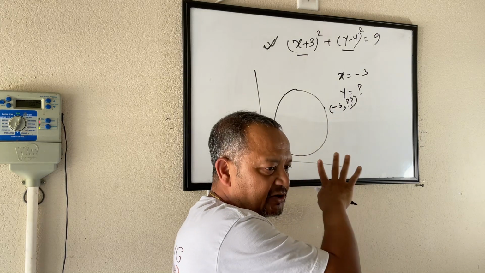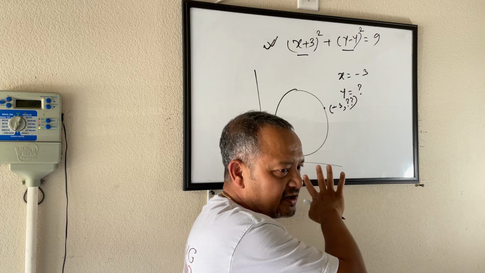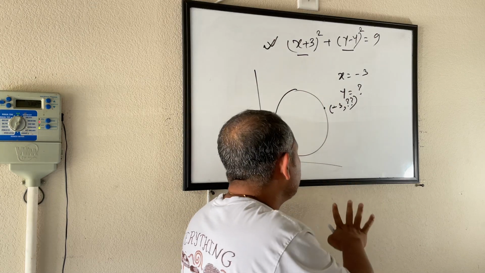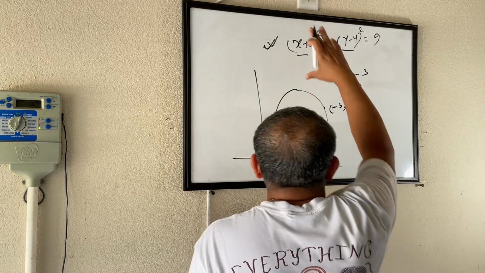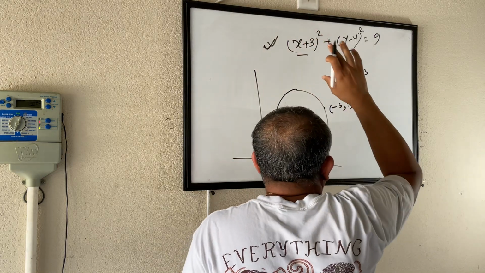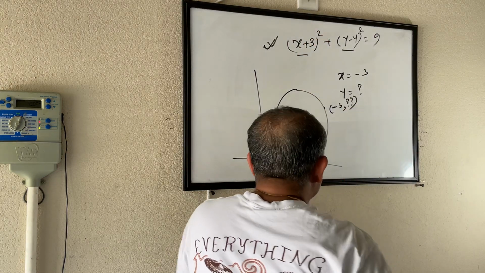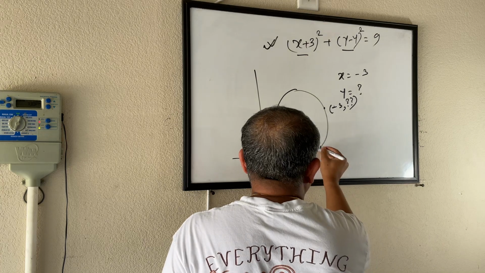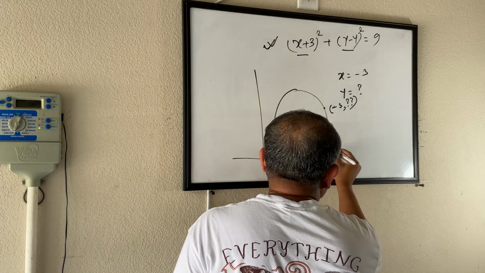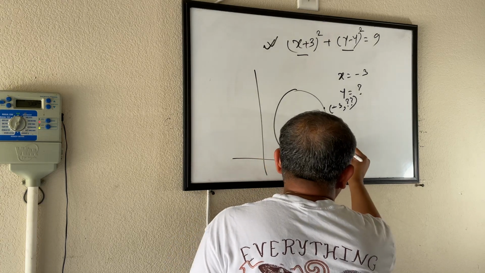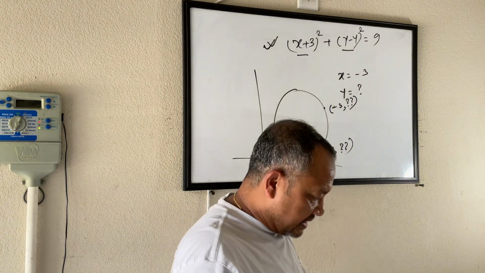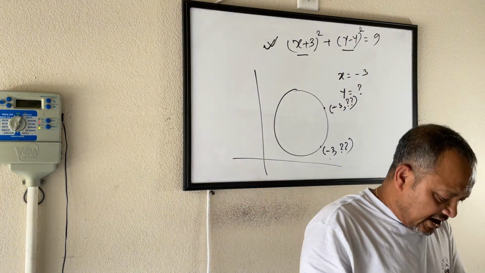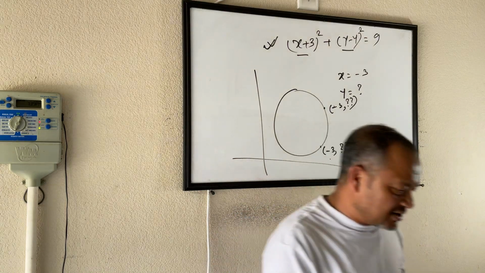I was just trying to help you visualize, so don't go by what I've drawn here. Use your own judgment. The question says this is the equation given to you, and one of the points on the circle has x coordinate minus 3. Find out what will be the y coordinate of that particular point.